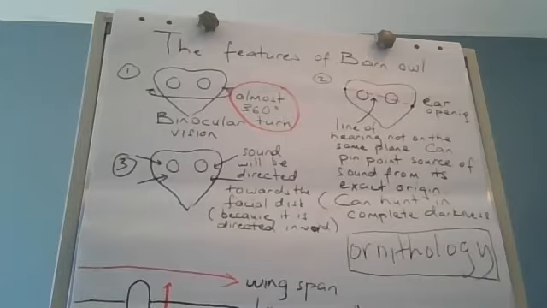This is a schematic presentation of the facial disc of the Ban-Aul. Muka hadapan burung pungguk. Just to remind you, the scientific name is Tyto alba.